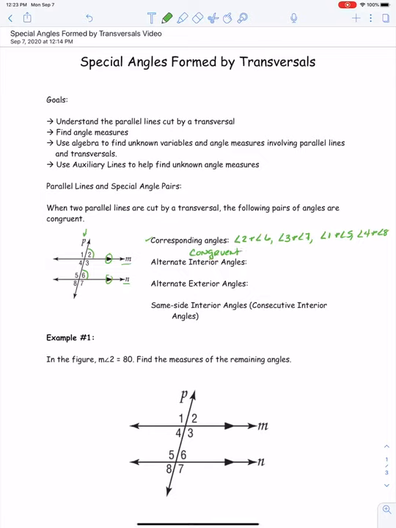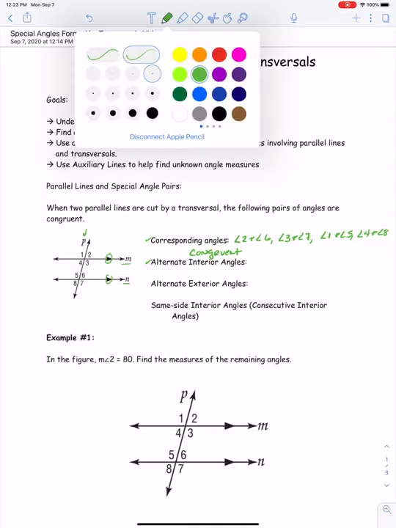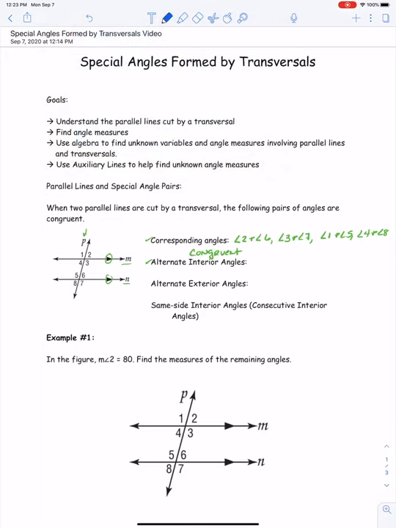So the next angle we want to talk about is our alternate interior angles. So this time we're still going to use the same pair of lines cut by the transversal P. Well, alternate means opposite. So we are going to look for angles that are on the opposite sides of the transversal.